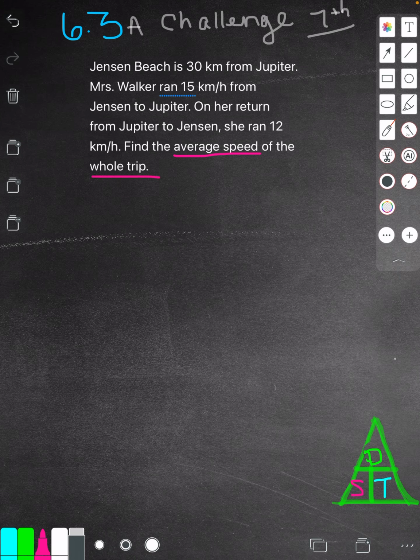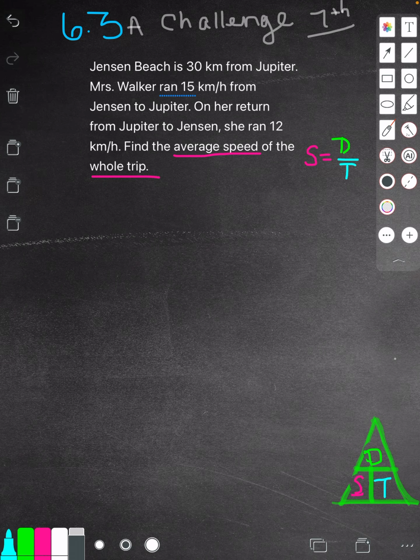So if I came down to my triangle here and I got rid of speed, I would know that I would need the distance divided by time. So I'm actually going to write that next to our problem. Speed equals, I'm going to put my S back, distance divided by time.